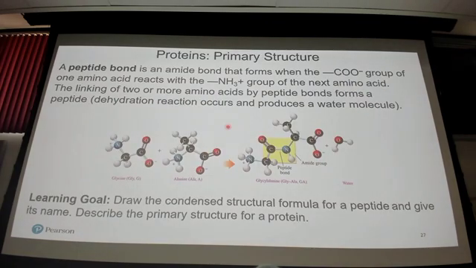So proteins are formed by amino acids that are bonded together. When amino acids are bonded together, that is the primary structure. It's simply the sequence of amino acids bonded together. Here's an example; we're going to talk about that in a little more detail.